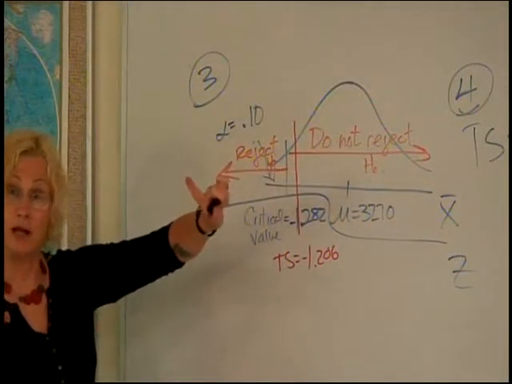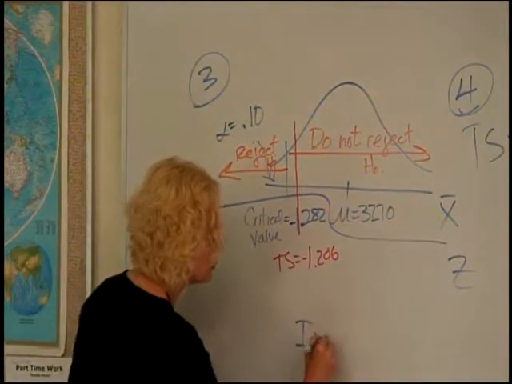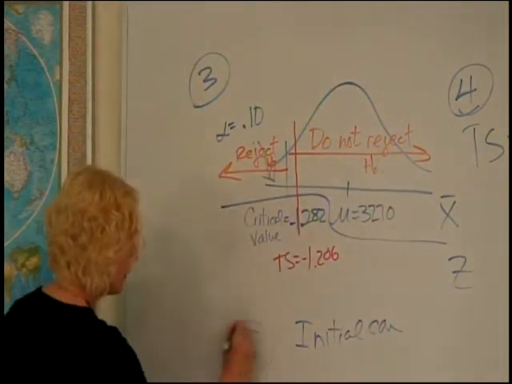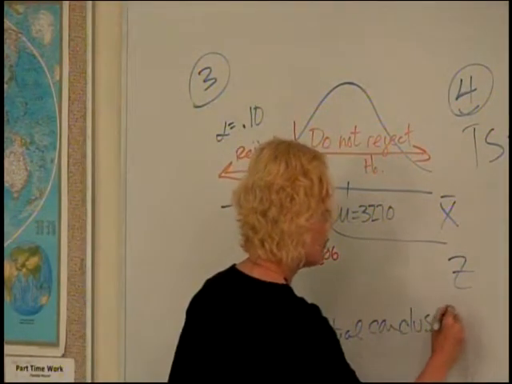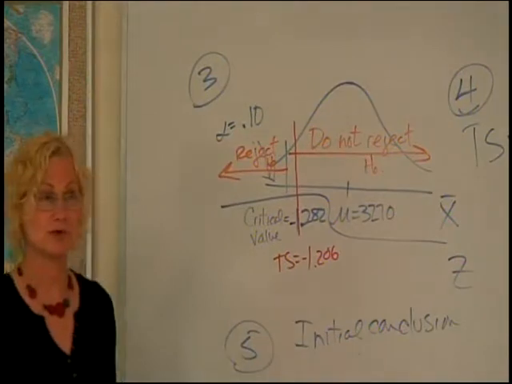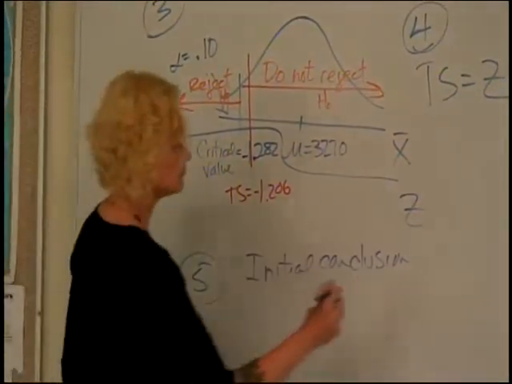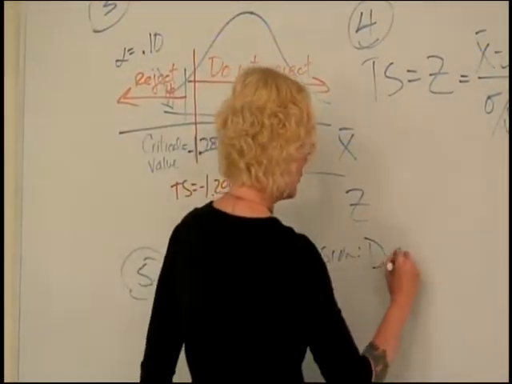So this is what I want you guys to do. I'm going to ask you for an initial conclusion. So that would be step 5. In the initial conclusion, I want you to tell me whether you're going to reject H0 or not reject H0, one or the other, only. So we are not going to reject H0.